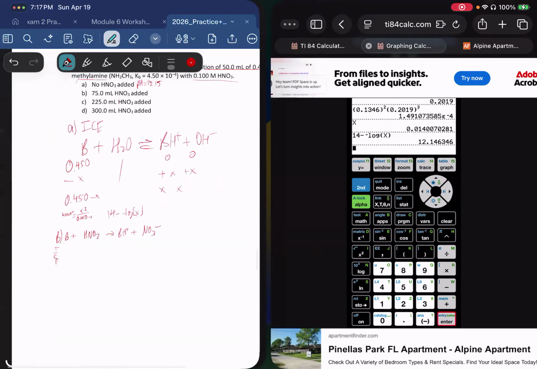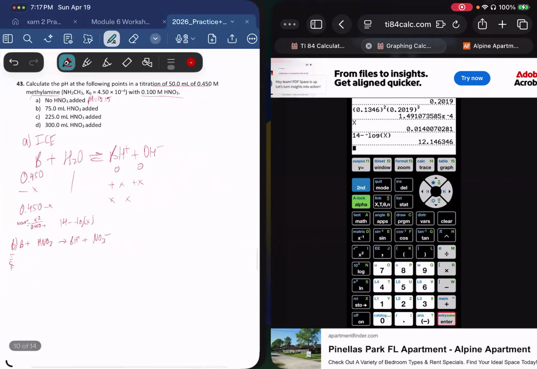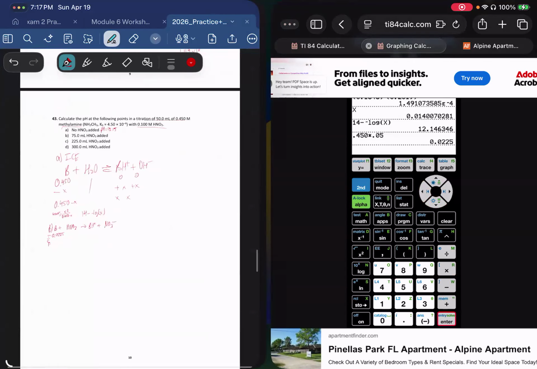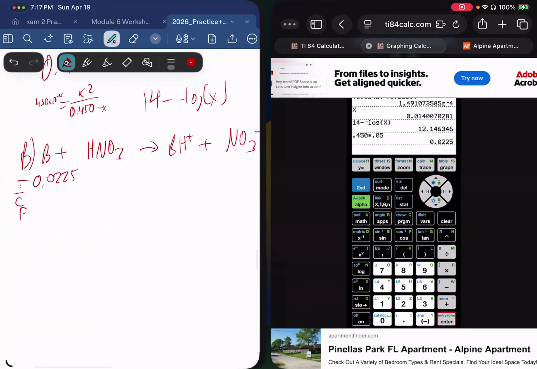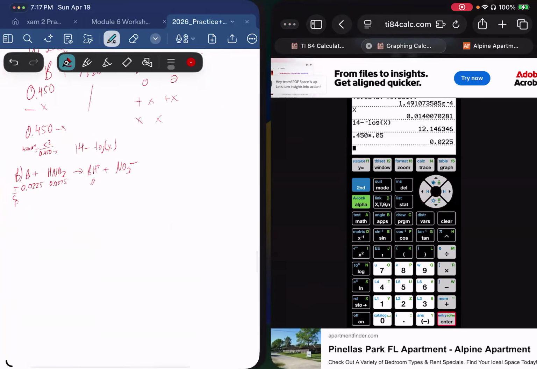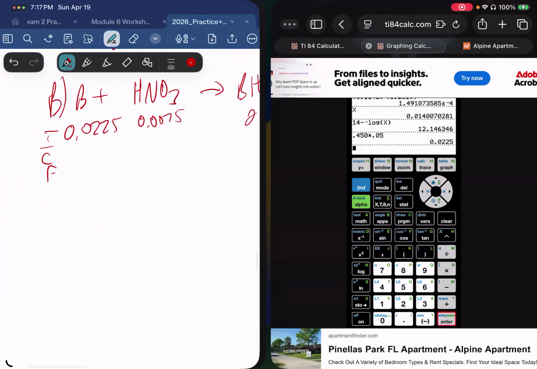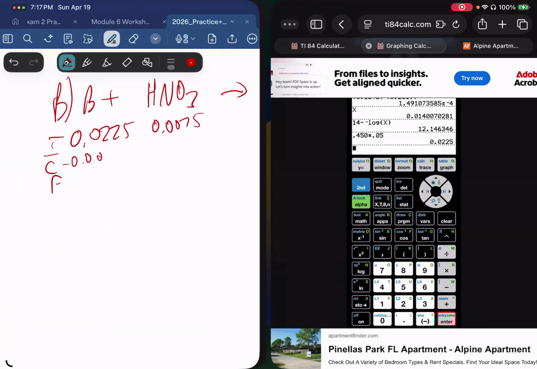What we'll see here is 0.450 times 0.05. That's the moles of base, so 0.0225. Nitric acid is 0.1 times 0.075, which is 0.0075. There's nothing here, and then this is nothing, right? So when I do this, it's going to be minus 0.0075.